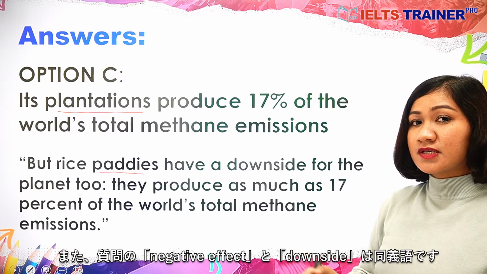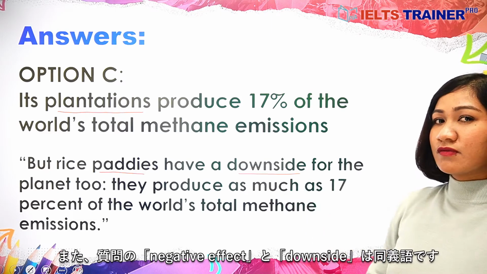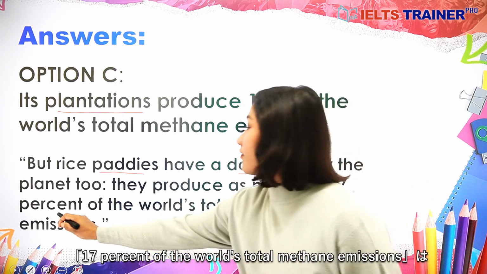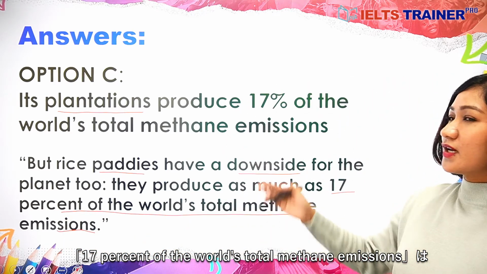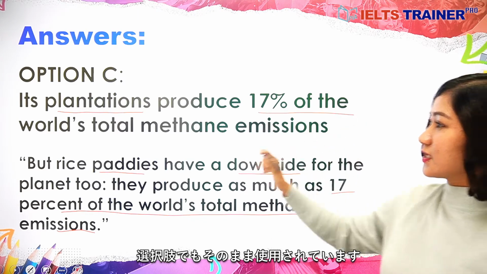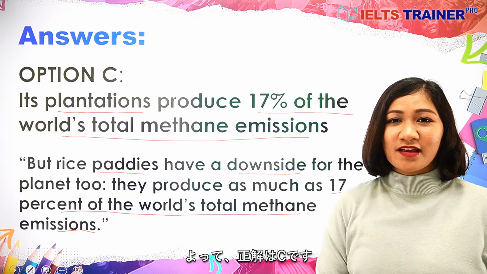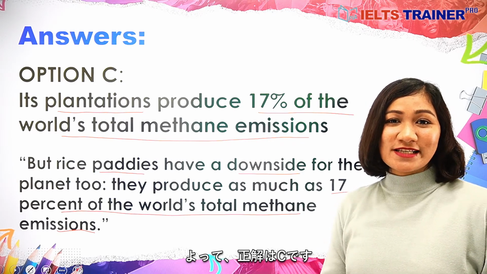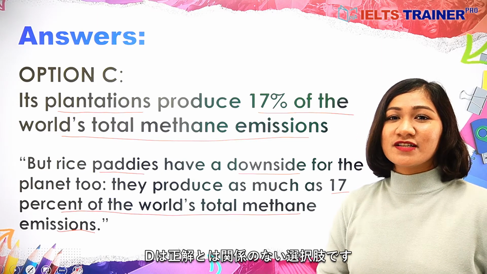In the question, we see the words negative effect, which is the same as the word downside. 17% of the world's total methane emissions is directly used in the option as well, as we see it right here. Therefore, we can safely say that the correct answer for this question is letter C, and that option D is just another irrelevant distractor.